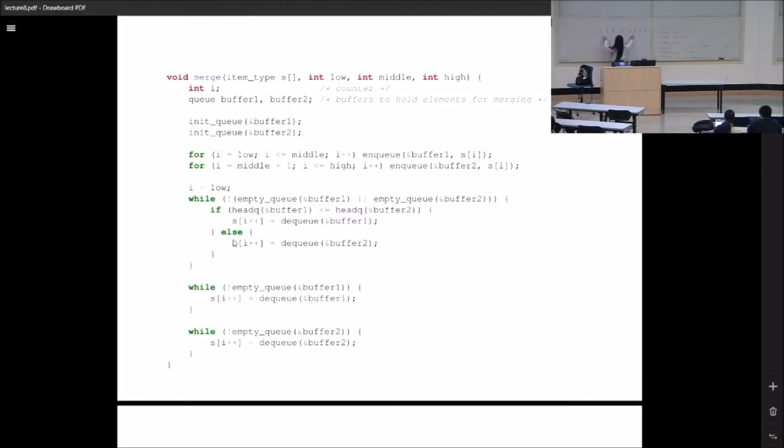So when you are at the beginning, the first buffer will return the 5. And the B, for the second buffer, it will return the 4. And you are checking if 5 is smaller than or equal to 4. And you see that 4 is smaller, so you dequeue the second buffer.